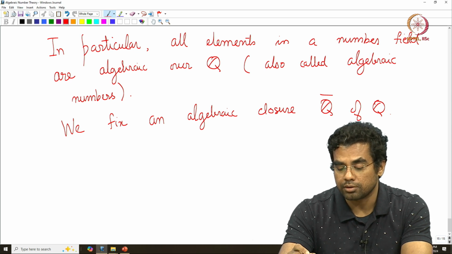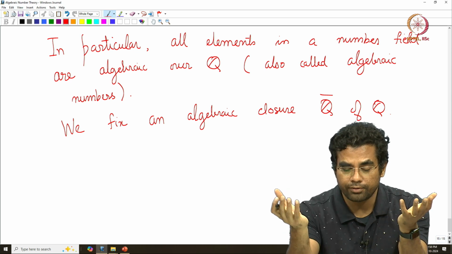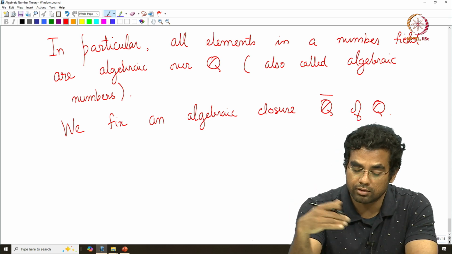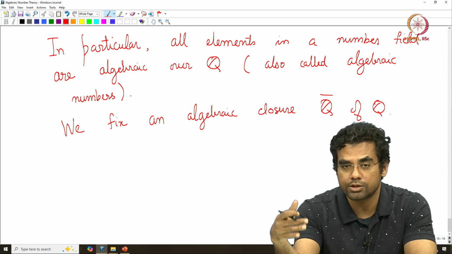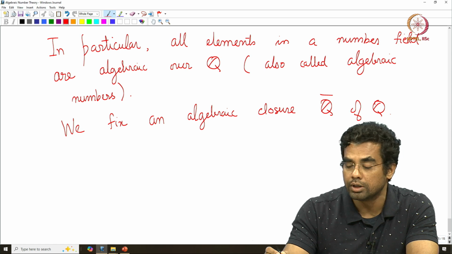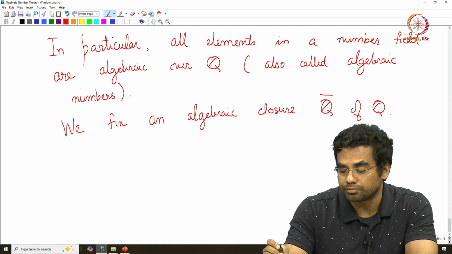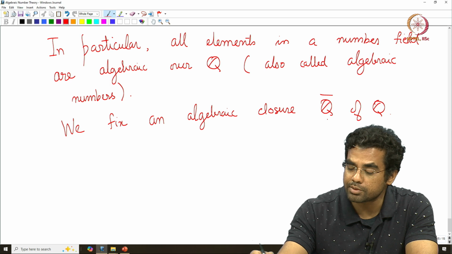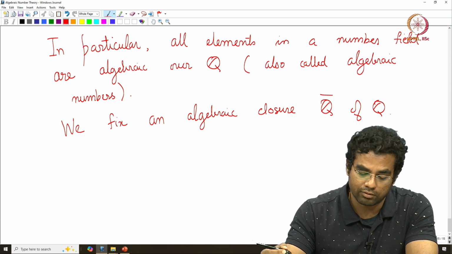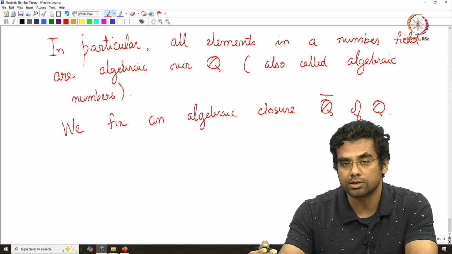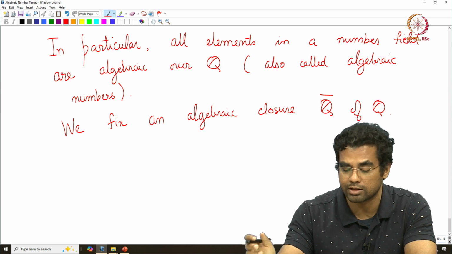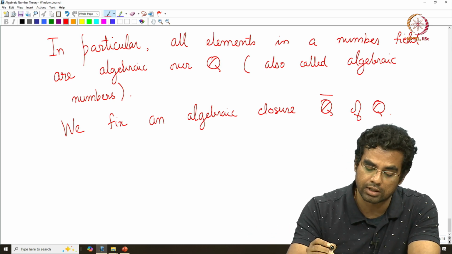If you take two different algebraic closures, they are isomorphic, but the isomorphism is not unique, and that is why you have to fix a choice of algebraic closure and work with that. So, we will fix an algebraic closure Q bar of Q. So, these are all algebraic numbers over Q. If you want to work more concretely, you can work with complex numbers and then take all algebraic numbers inside the set of complex numbers, and that will be one of the avatars of Q bar. So, you can fix it in any way that you want.